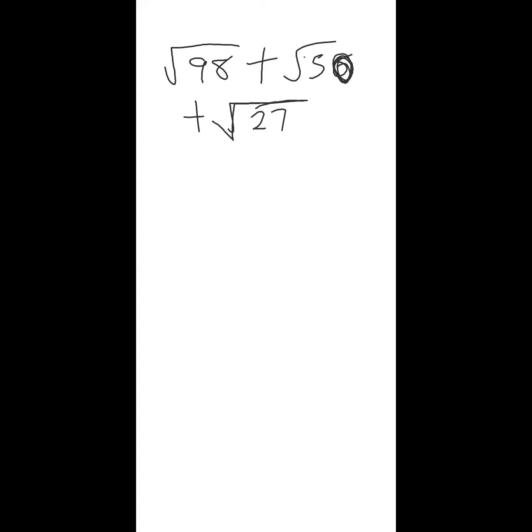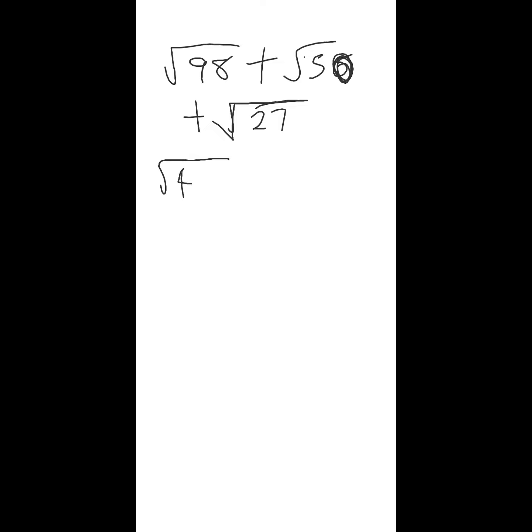Let's go. Now, root 98 will be... You have to think fast, because don't forget, the exam you are having, 50 questions in how many minutes? So you have to be very fast with the way you think. How will you break down root 98? Root 98, you can use 2 times 49. Of course, that works for me, because square root of 49 is 7.